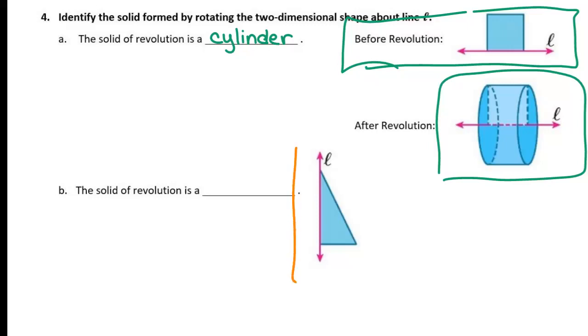What about if I were to take this triangle right here and spin it around this vertical line L, it's going to turn into a cone shape because this side is going to make a circle shape as it rotates, but the top isn't going to go anywhere. It's touching the line. It doesn't have anything to really spin around. It's firmly attached there.